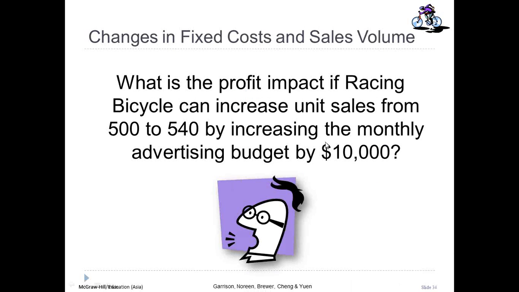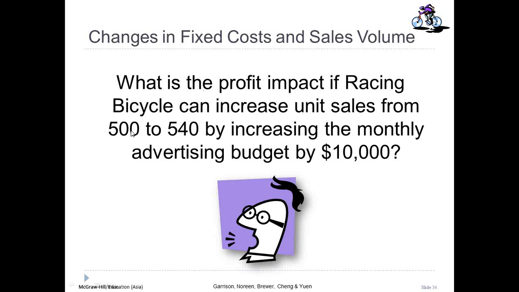So what is the profit impact if Racing Bicycle can increase unit sales from 500 to 540 by increasing the monthly advertising budget by $10,000? These are the types of questions that come up. And if we have cost volume profit equations and we understand the relationships, we can answer these types of questions.